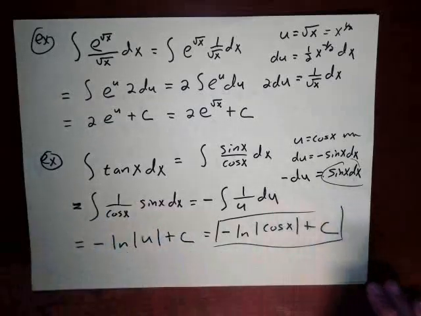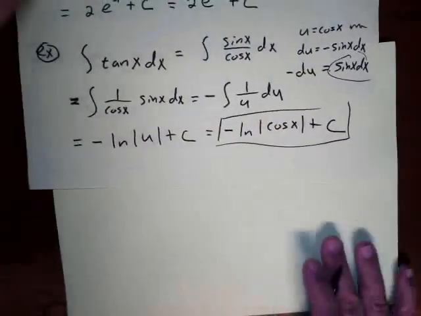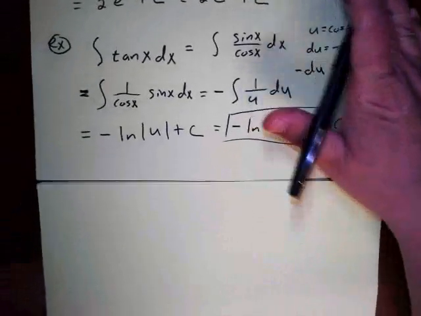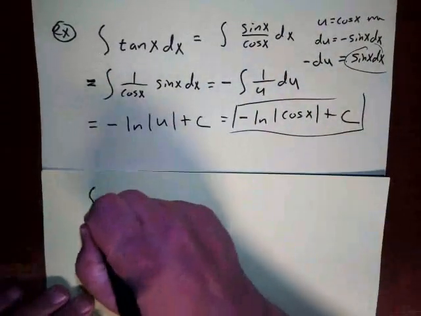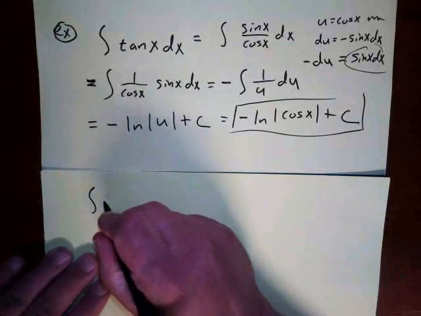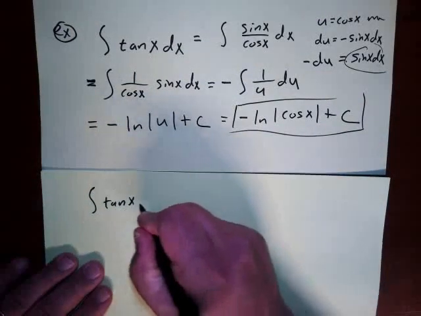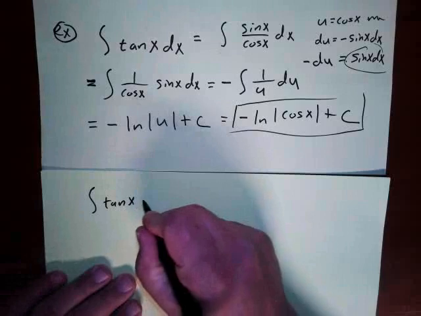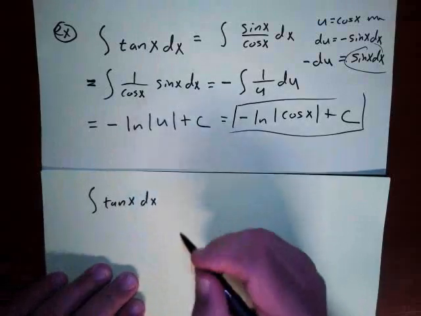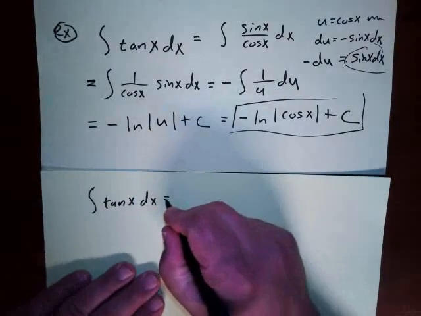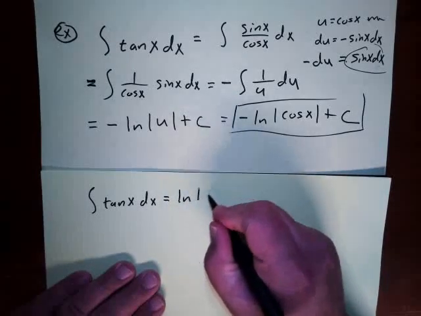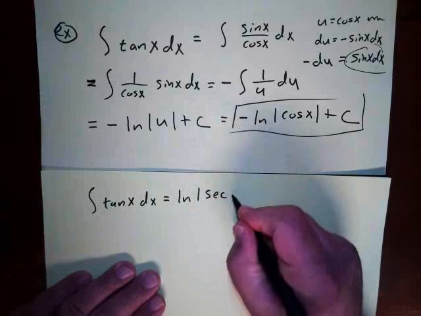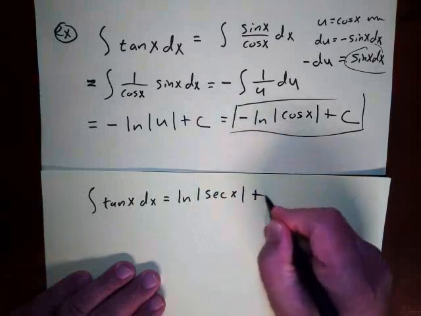But what you would normally see in a list of antiderivatives, what's normally given is that the antiderivative of tangent of x dx is equal to the natural log of the secant of x plus c.